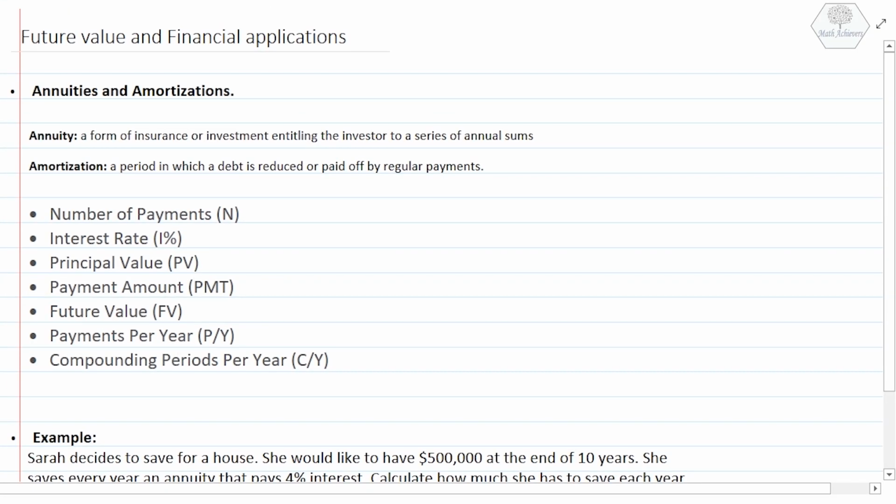Let's now talk about annuities and amortizations. An annuity simply is a form of insurance or investment entitling the investor to a series of annual sums. It means that if you want to invest a certain amount each year, and after 10 years you want to have an increased or leveraged amount, then you must invest in an annuity.